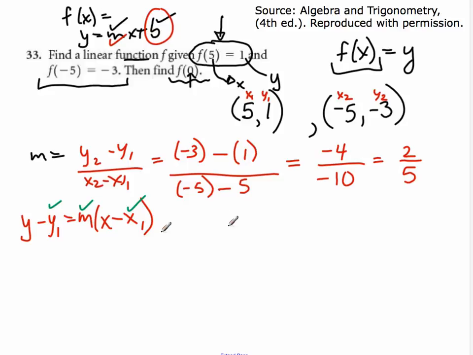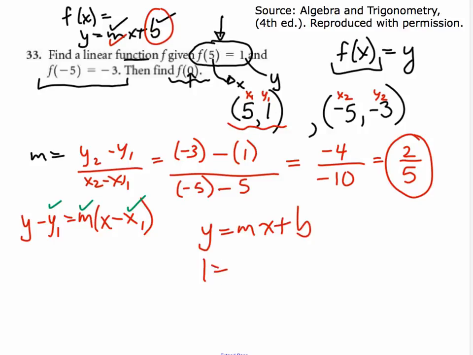And I would just simply plug those things in and determine what the equation was. Or you can just plug the pieces of information you know, like the slope and an x and a y value, into this equation, y equals mx plus b. The y value is 1, slope is 2/5, x is 5, plus b you don't know. Now I know everything in the equation except for b. I can solve for b. So 2/5 times 5 is 2.